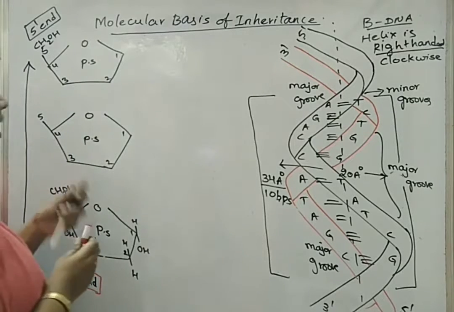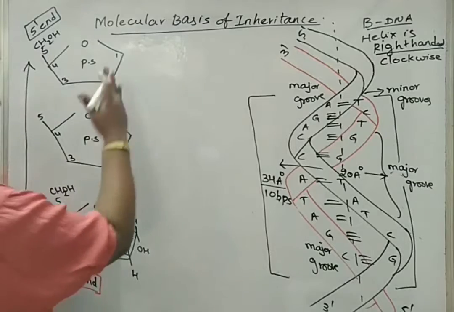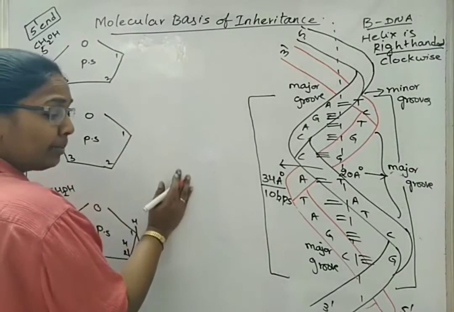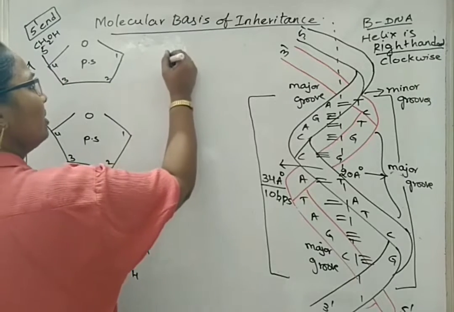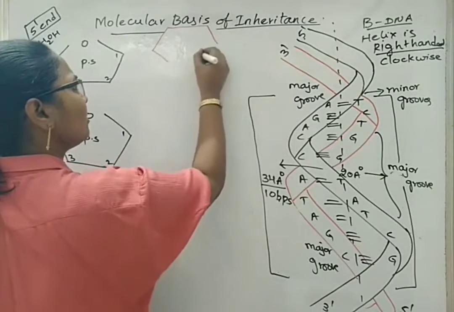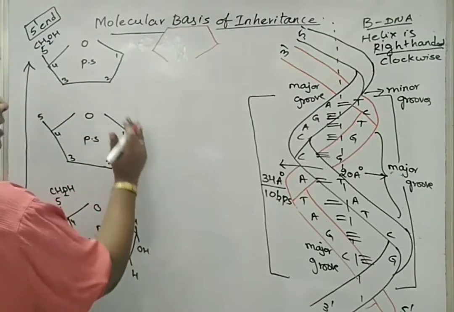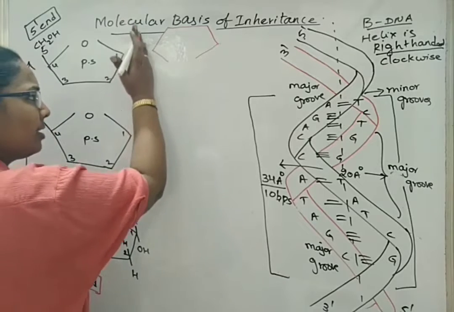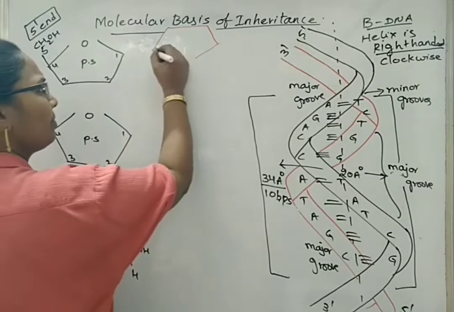Let me give the arrangement of pentose sugars in the other strand, which is running anti-parallelly. See, I am writing in reverse because it is anti-parallel. If one strand is going from down to top direction, the other strand has to move from top to bottom.